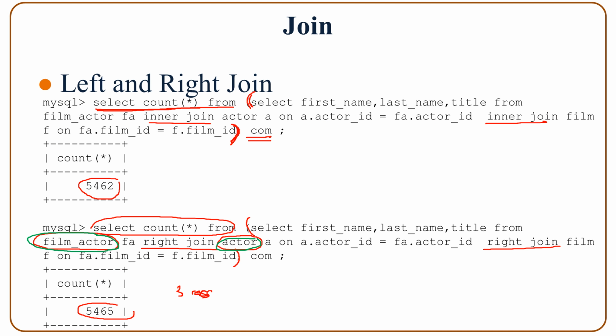And similarly here, when you make the right join with film, then you want to get all the records from film, even the records that do not have corresponding or matched records in actor and film actor.